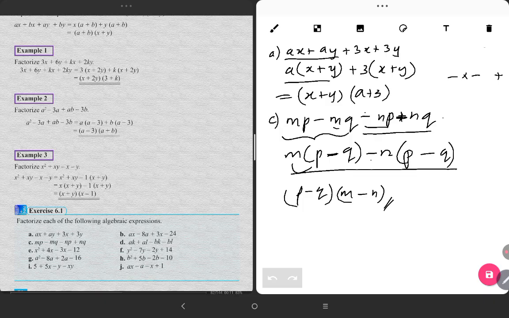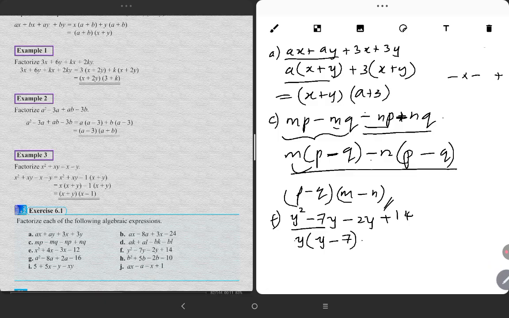Let's do f. That says y squared minus 7y minus 2y plus 14. Pretty easy again. We can take y out, even though this is y squared. So we have y left there, minus, and we took y out of that, so it's going to be minus 7. Here in this case, we are going to take minus 2 out. So then this becomes y. 2 times y is 2y.